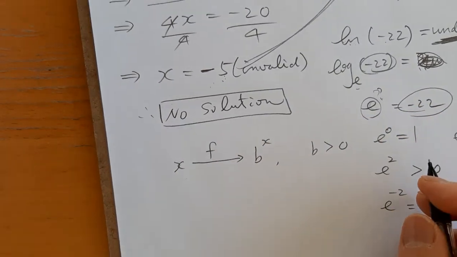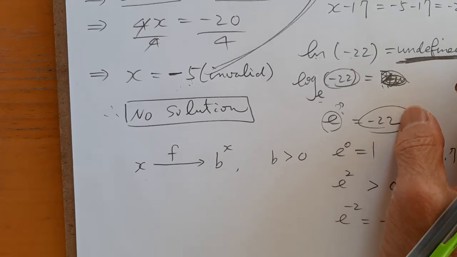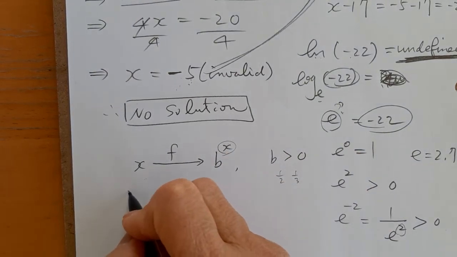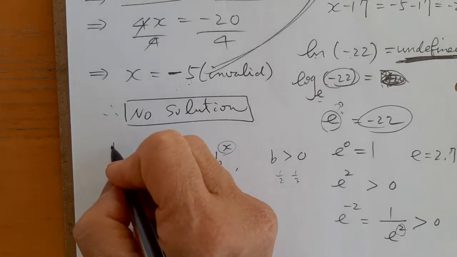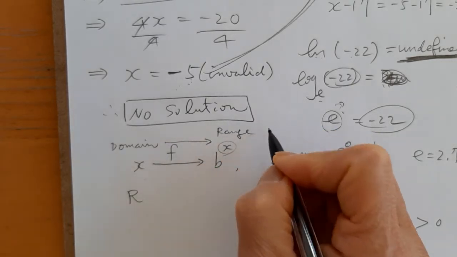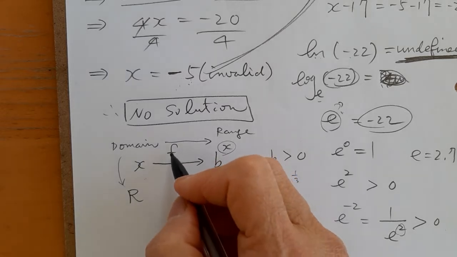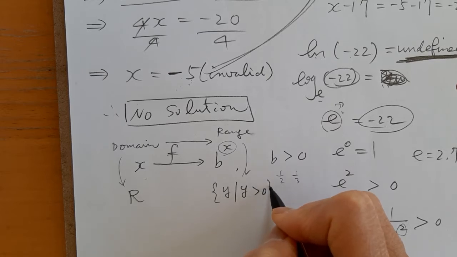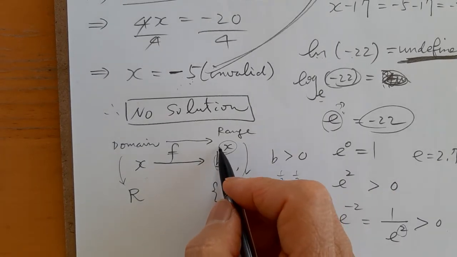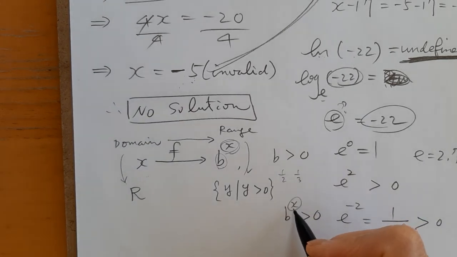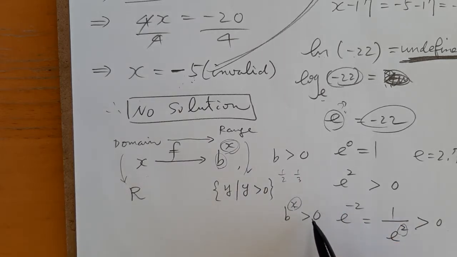Now for an exponential function f mapping x to b to the power x, b is positive. B can be a positive number less than 1, like 1/2 or 1/3. The domain of the f function is R. The range is y, the function value, which is positive. Because b is positive, b to the power x for any real number x is always positive.